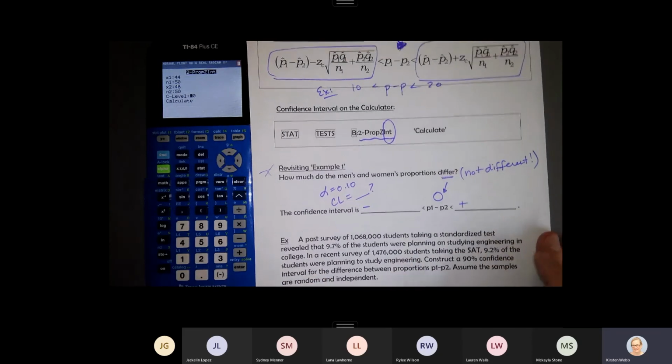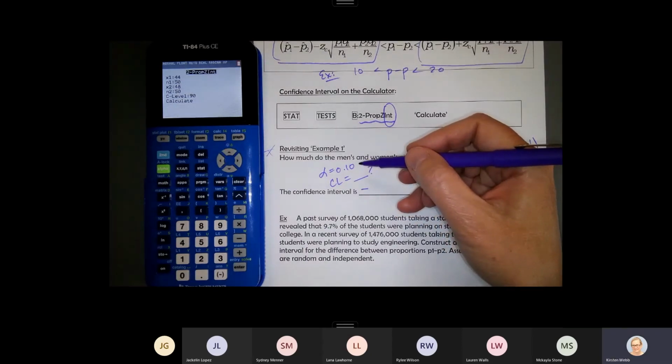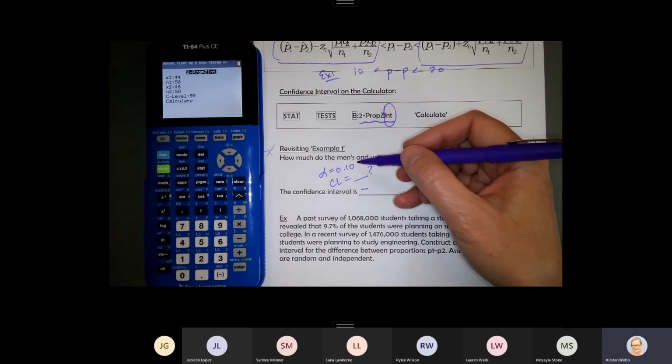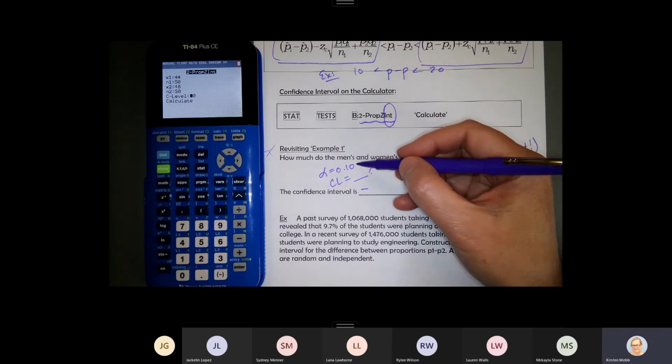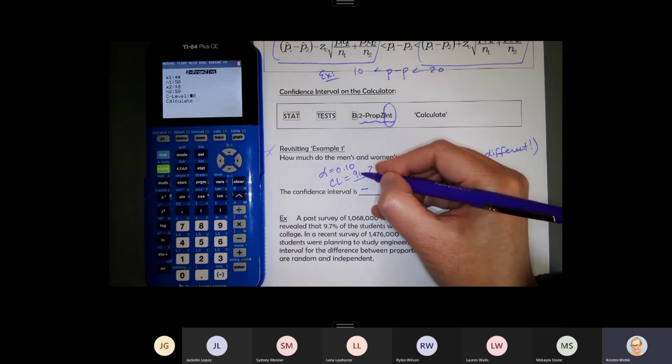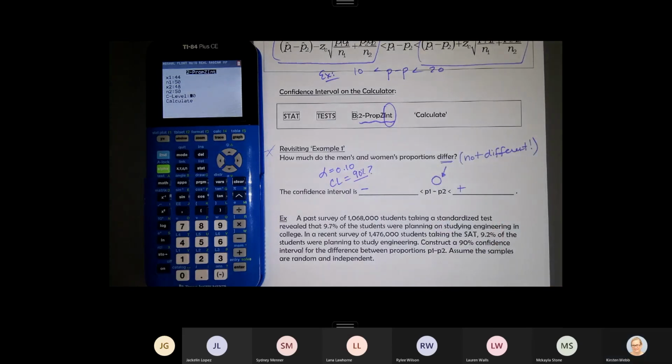Because the calculator wants a confidence level for our interval here. In other words, if there's a 10% chance of making a mistake, how can we turn that around and say how confident we are? 10% chance of making a mistake means we're 90% confident. So we do want a 90 next to C level there.